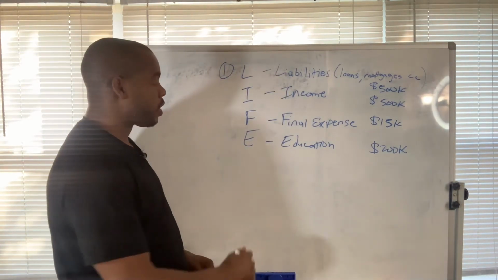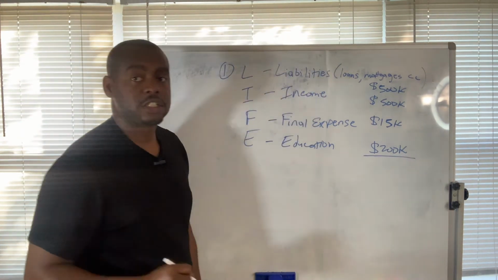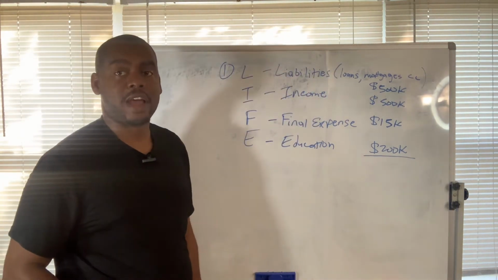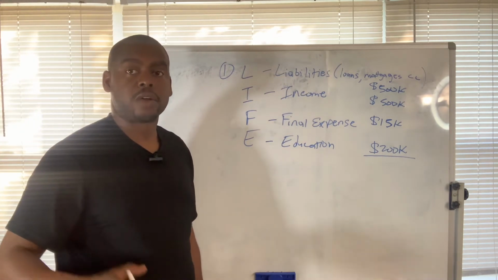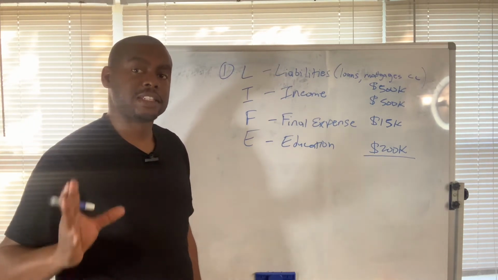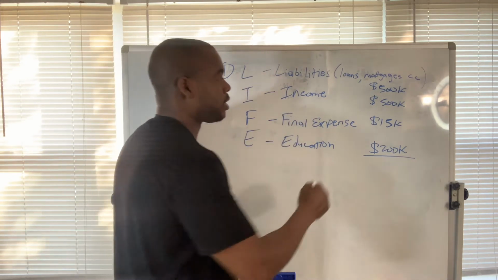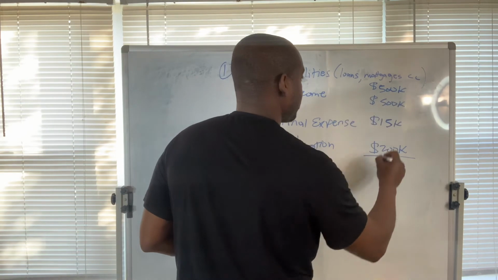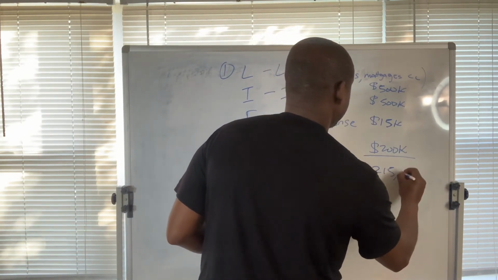Now, what you're going to do is add that up, and then you're going to subtract any assets that you have. So if you have brokerage accounts, savings, all that, any assets that you have, the value of anything, you're going to add that up. So let's see what that is. Right here is 1,215,000.